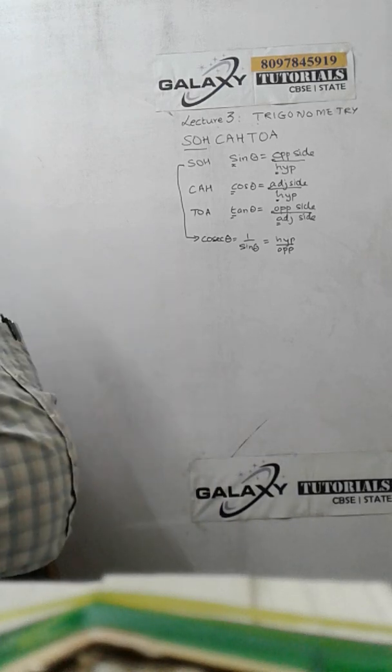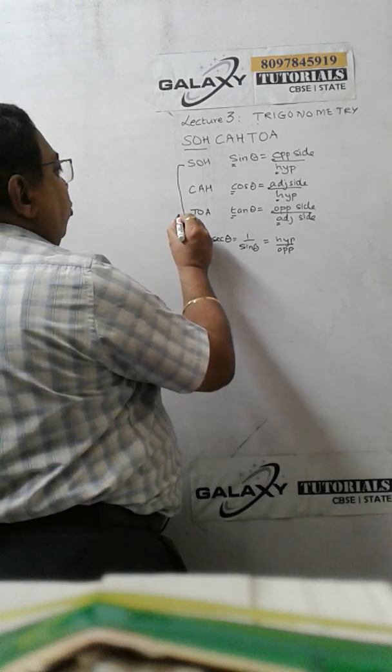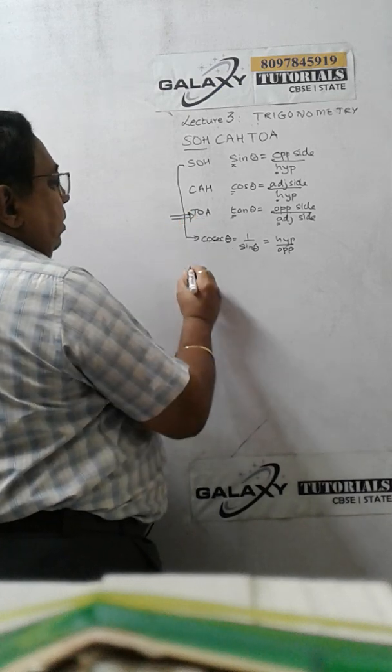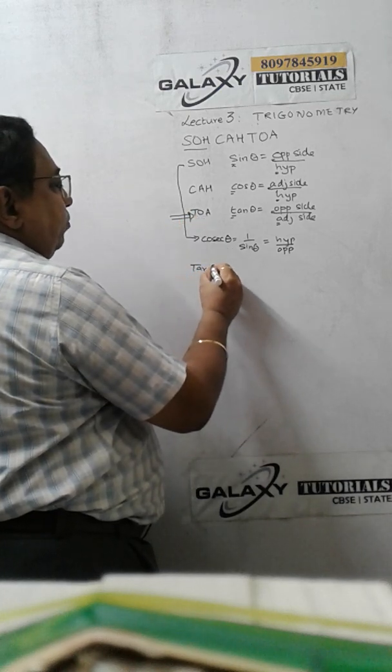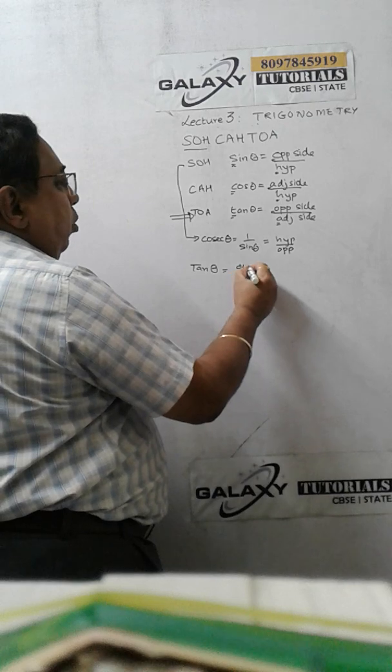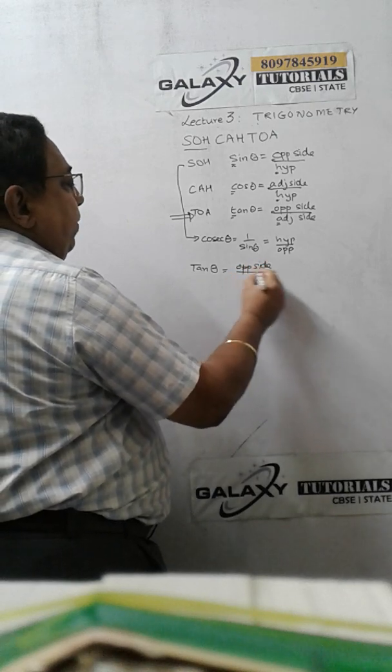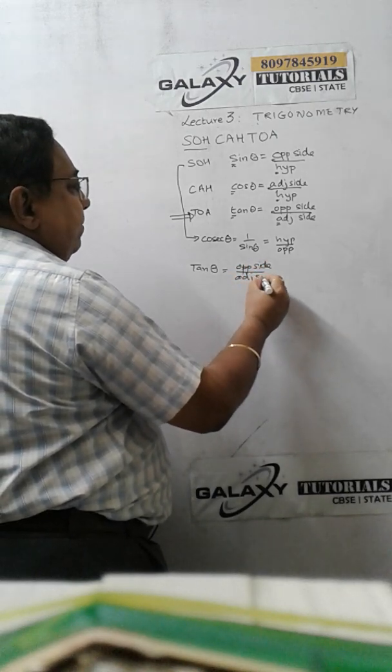Let us start. Now first, I will try to attack tan theta. When I have tan theta, I have been told opposite side upon adjacent side.